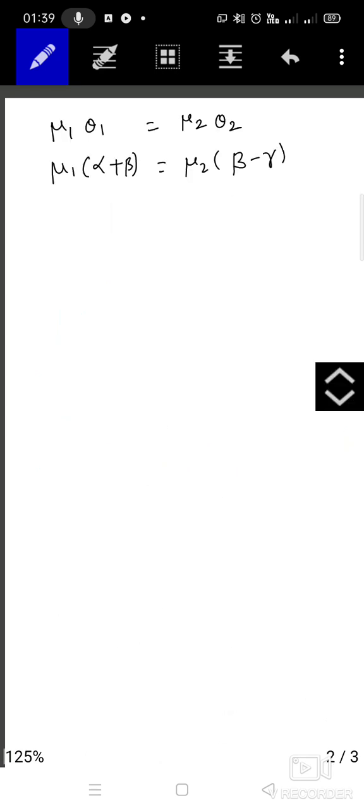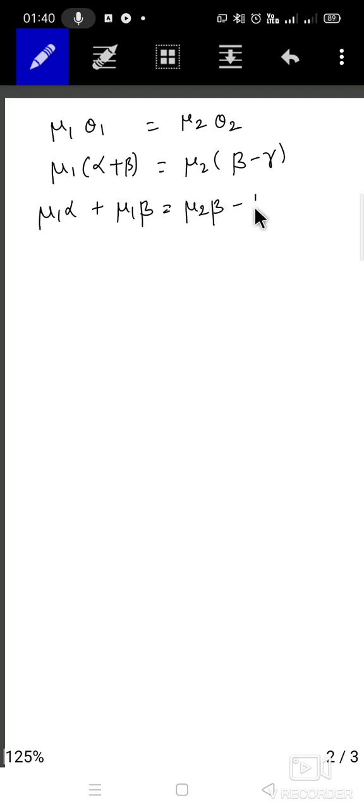Now we multiply: mu 1 alpha plus mu 1 beta is equal to mu 2 beta minus mu 2 gamma. Now we transfer terms to the other side.